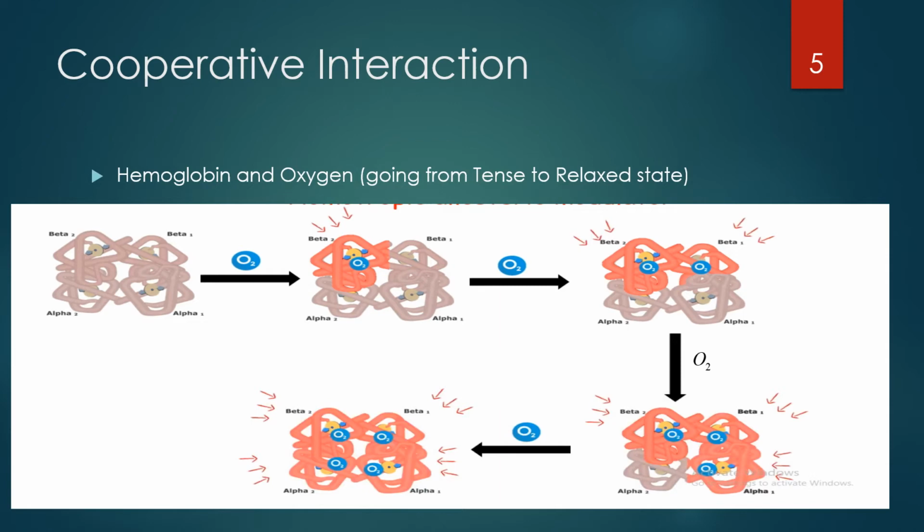And because there is a sudden increase of oxygen addition, there's a sudden increase in this binding process due to this cooperative interaction. Thus we get to see that S-shaped curve, right? Because in S shape also we see that there's a sudden increase in the binding, right?